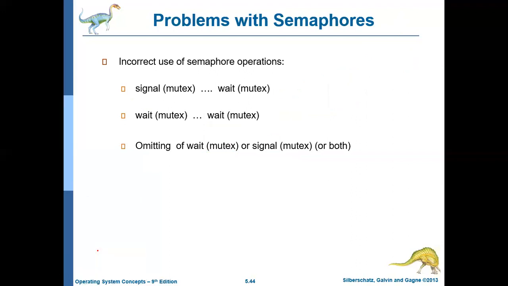Because it depends on the programmer. It leaves everything to the programmer and expects the programmer to ensure that they are using the instructions wait and signal appropriately. But if the programmer fails to do so, then it may create these kinds of errors.